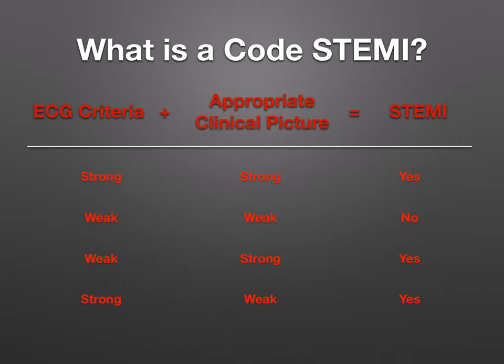And we'd better have a very convincing ECG. So this would be the case of a strong ECG and a weak story. This combination is still a code STEMI even though they don't have chest pain, but they have to have some type of symptoms. A great ECG with no clinical picture is not a STEMI.